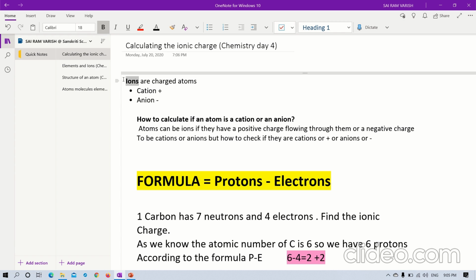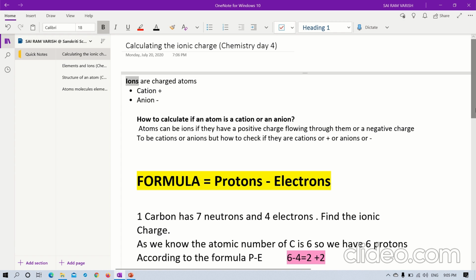There is another definition: if there are more protons than electrons, it is a cation, and if there are more electrons than protons, we get an anion. So ions are just atoms with a positive or negative charge.